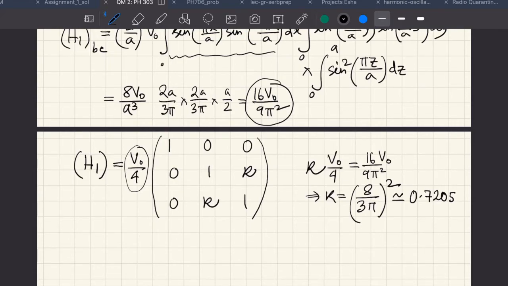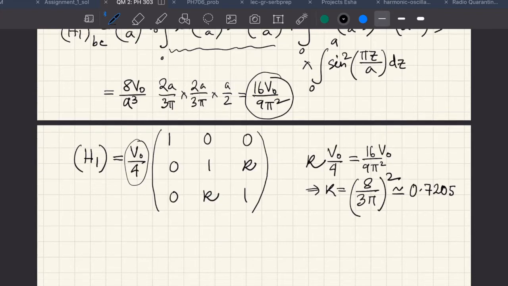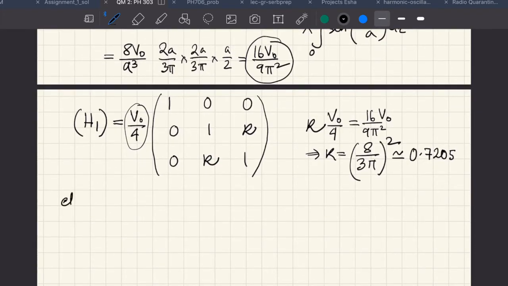So what should be the characteristic equation? In order to figure out the corrections to energies, we need to solve this characteristic equation, not for H1, rather for H1 into 4 by V naught. That would make our life easier.